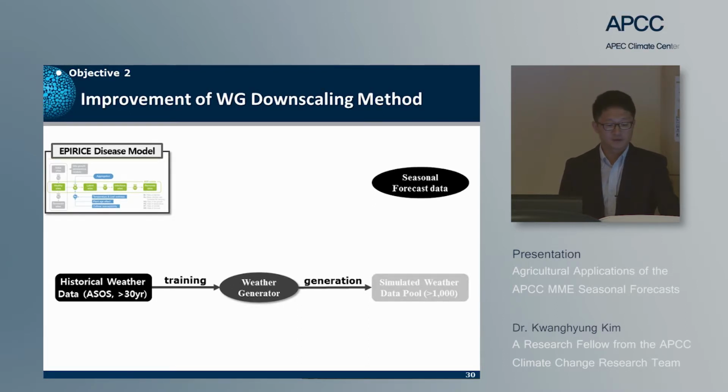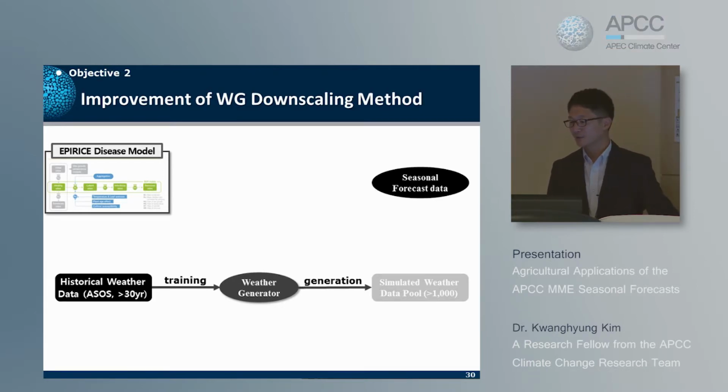Instead of using weather generator synthesized data itself, we actually use this weather data pool. So in this case, but basically, you can actually make this weather data pool more than 1,000 or 10,000. So the weather generator can do that.